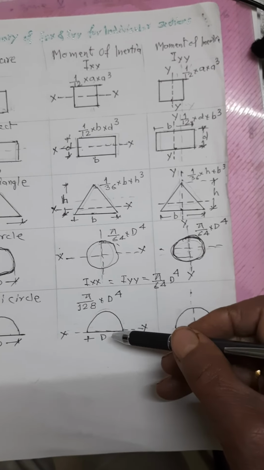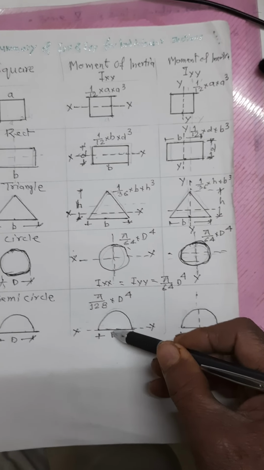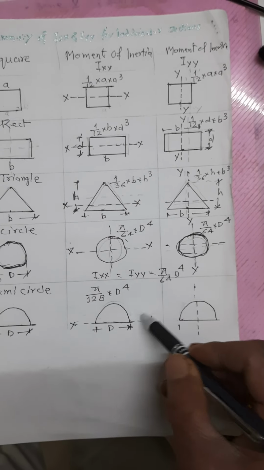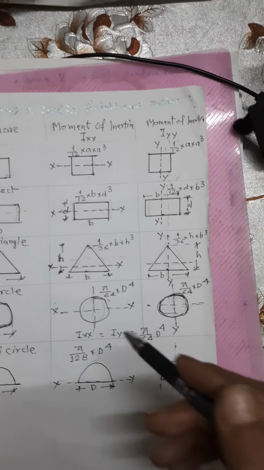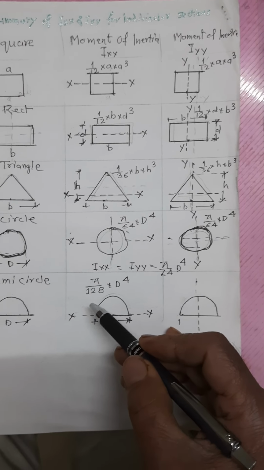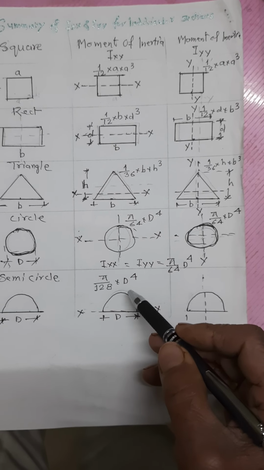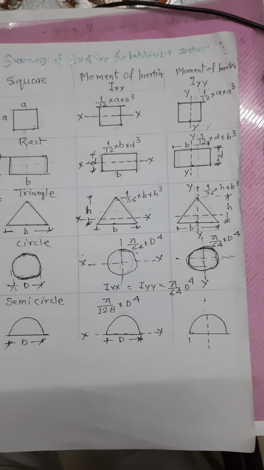About the semicircle, the CG lies at a distance of 4r by 3 pi from here, and about the x-axis, the value of Ixx of a semicircle is pi by 128 d to the power 4.